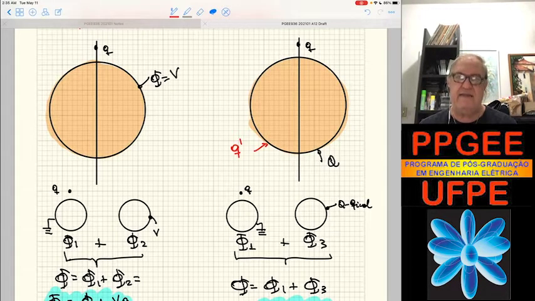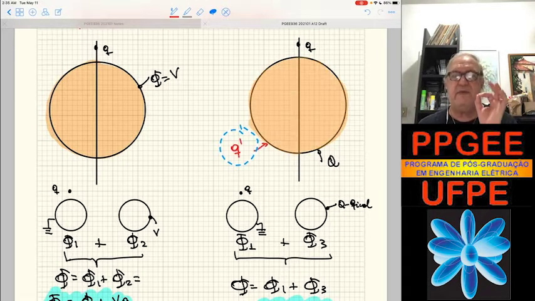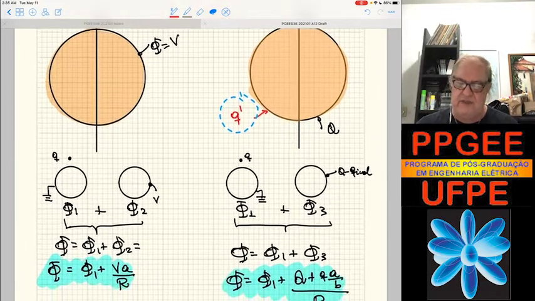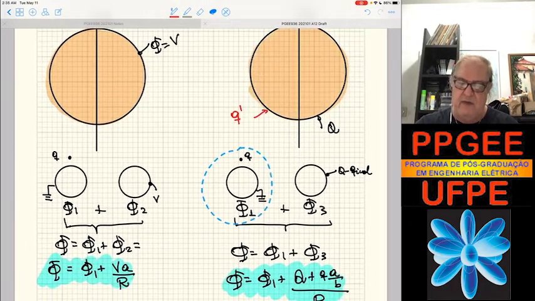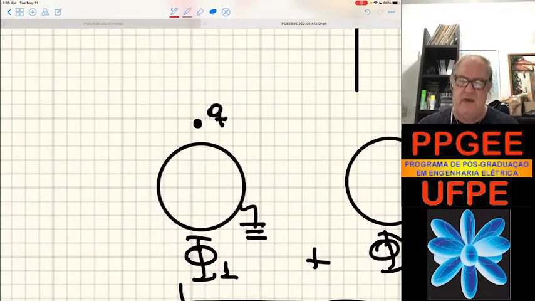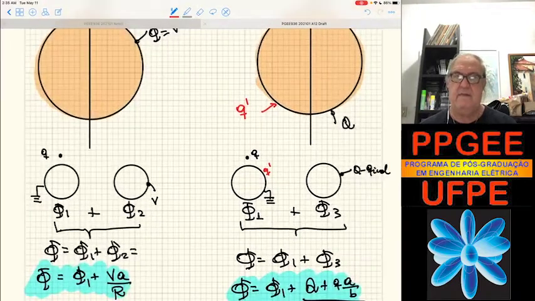When you solve this problem here, the potential is 0 and you have a charge Q prime induced on the surface. And the remaining part is going to be that amount of charge that gives a constant potential on the sphere.